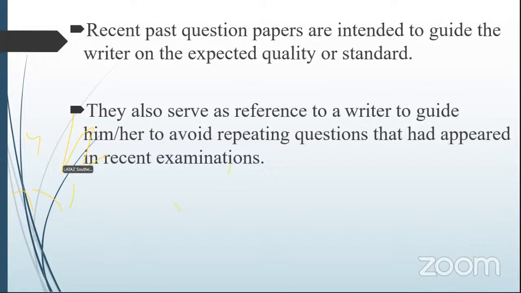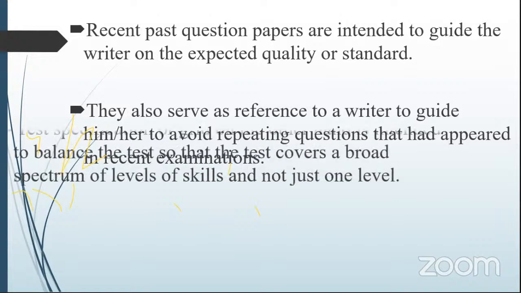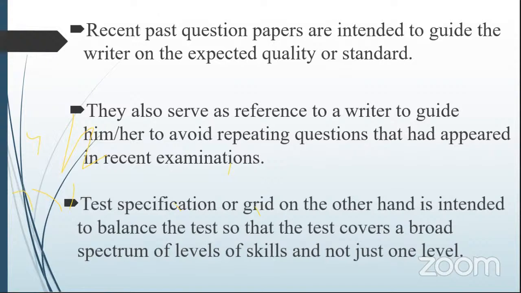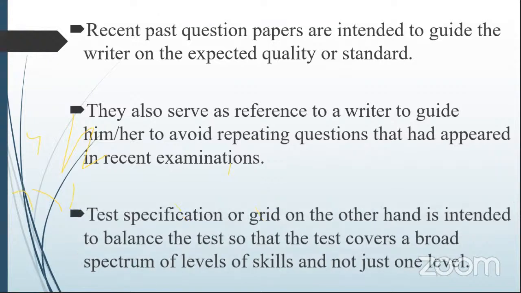Because many times, if things are not properly done, you find even children saying, oh, this question came even in the last exam. But if we are to follow what we are talking about, we would avoid that. And then test specification or grade, on the other hand, is intended to balance the test so that the test covers a broad spectrum of levels of skills and not just one level.